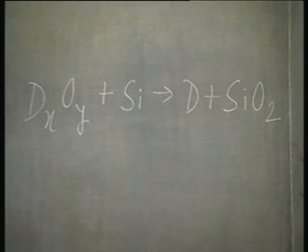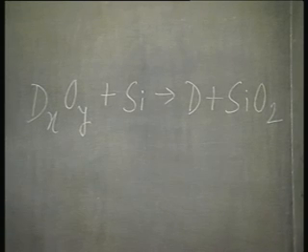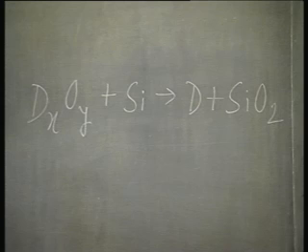This is what is going to happen in most of the cases. So, this dopant will be introduced into the silicon, and at the same time the silicon dioxide that will be formed on top of the surface will act as a barrier against out diffusion of the dopant. So, this is essentially what is going to happen at the time of the diffusion.